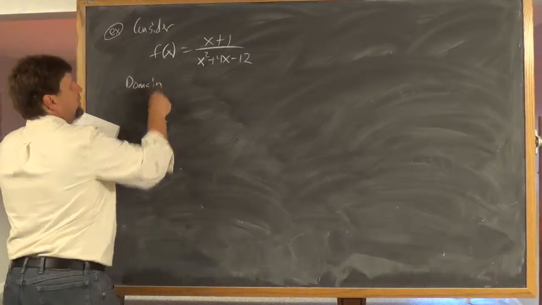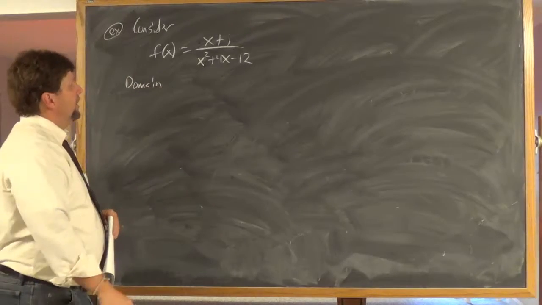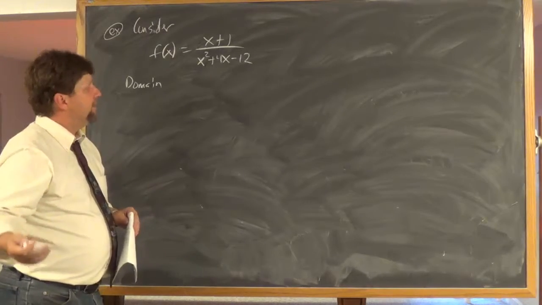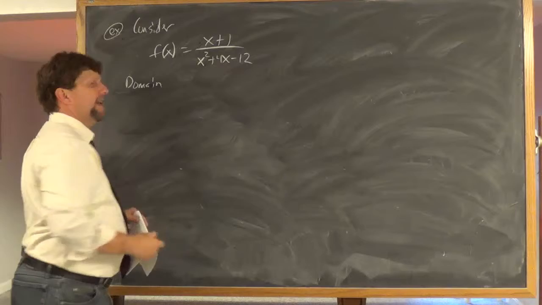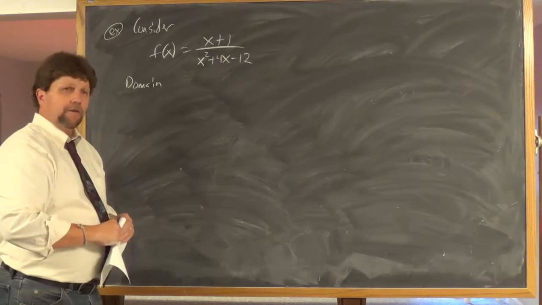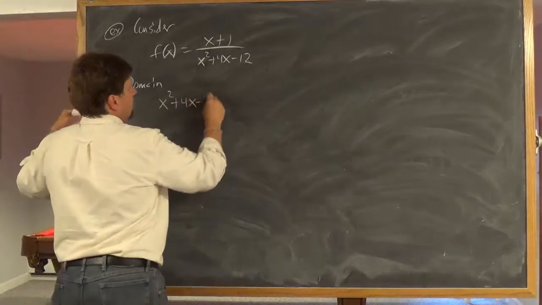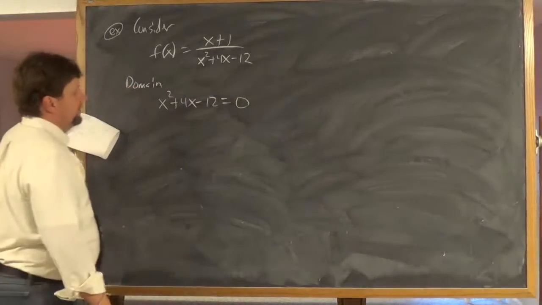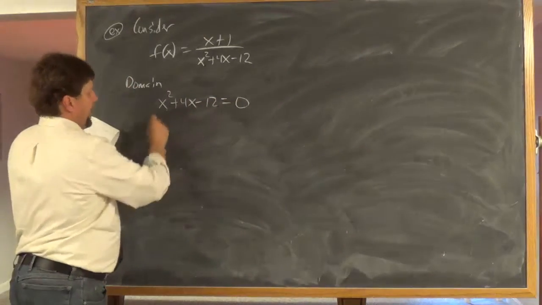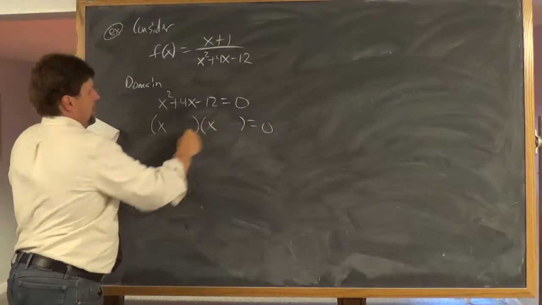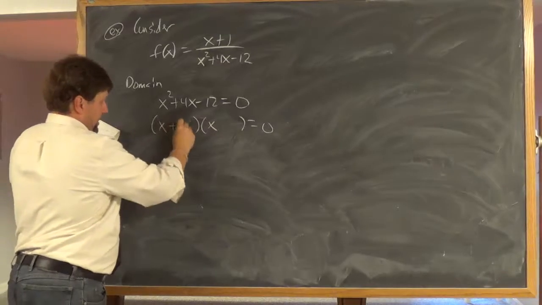What is the domain? And remember, the domain is going to be all reals except those values of x that would make the denominator equal to 0. So let's look and see what makes the denominator equal to 0. Hopefully this factors. And let's see, I think it does.